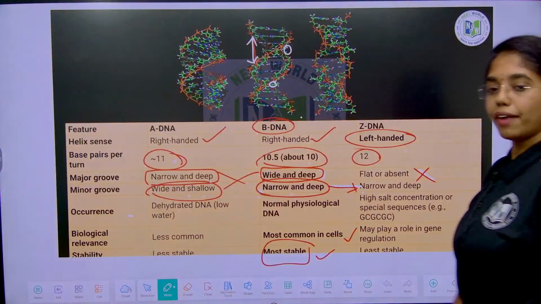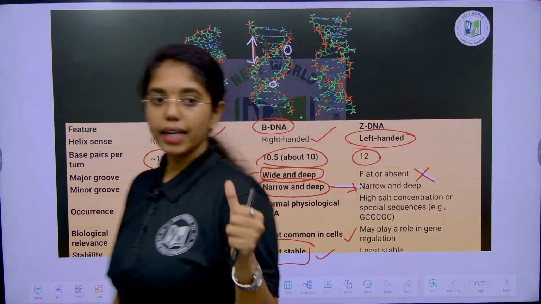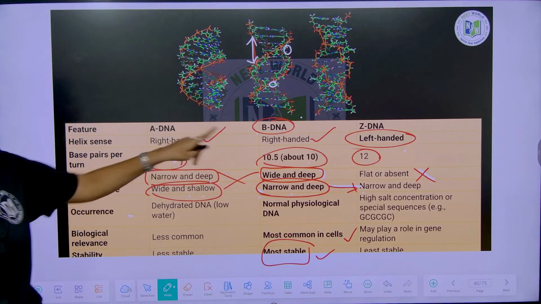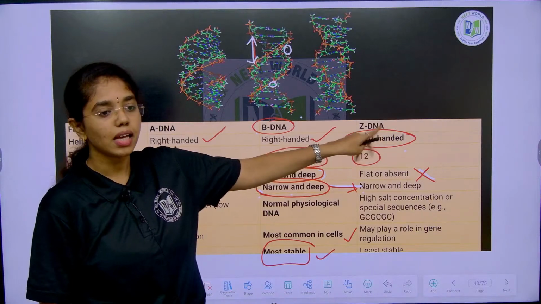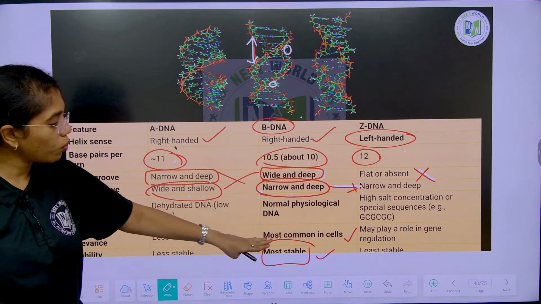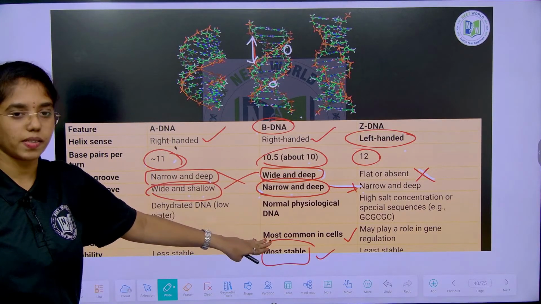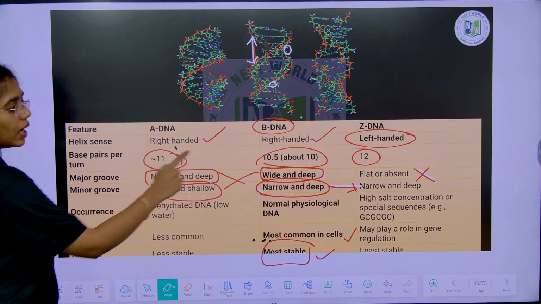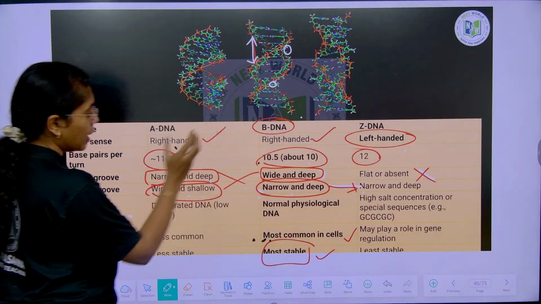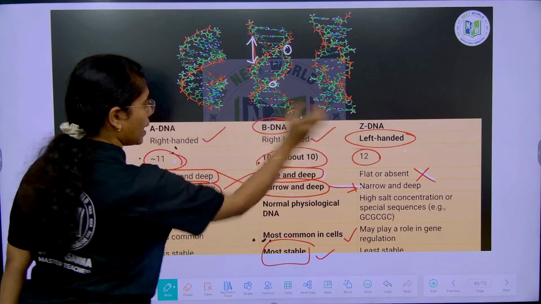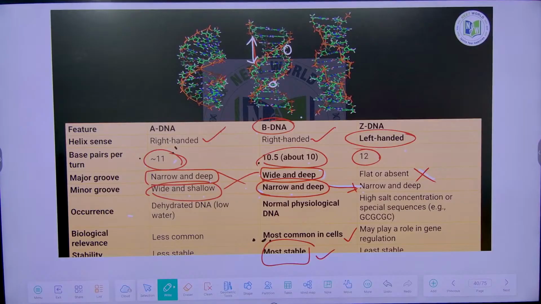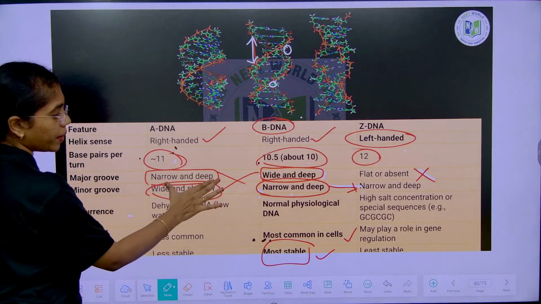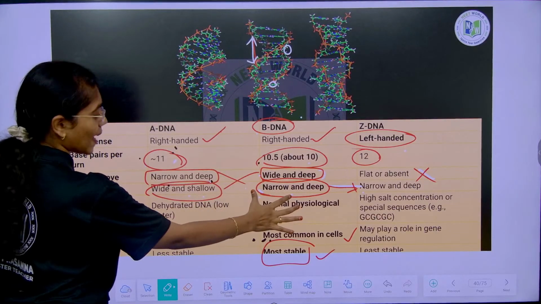Then we have three forms of DNA: A-DNA, B-DNA and Z-DNA. A-DNA is right-handed, B also right-handed, only Z-DNA is left-handed. This you will see most commonly in all the cells. The next point you have to remember is the number of base pairs. It is 10 in B form DNA, 11 and 12 in A and Z DNAs. Then major and minor grooves. In B type DNA, the major groove is wide and deep, and the minor groove is narrow and deep.